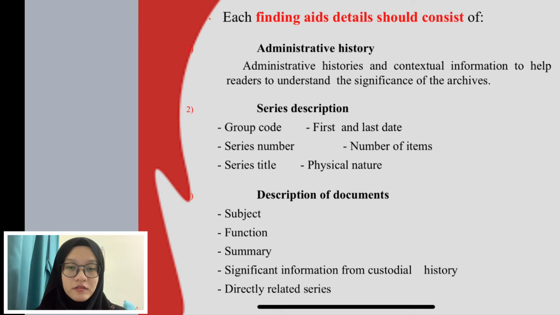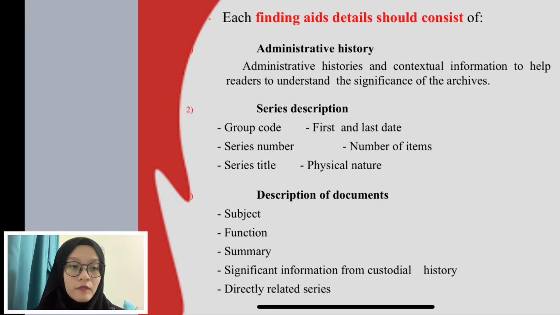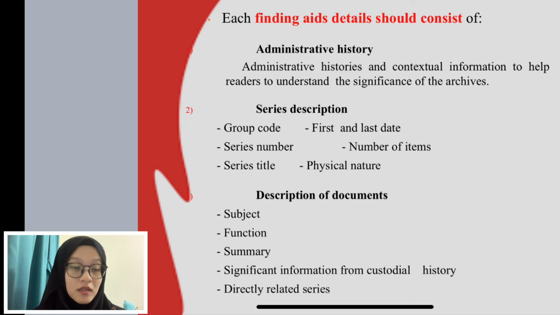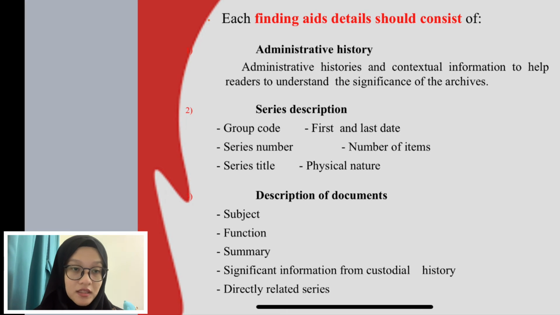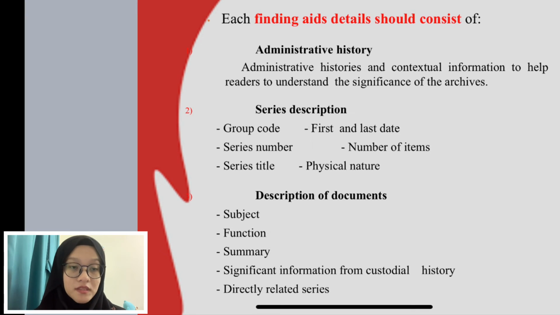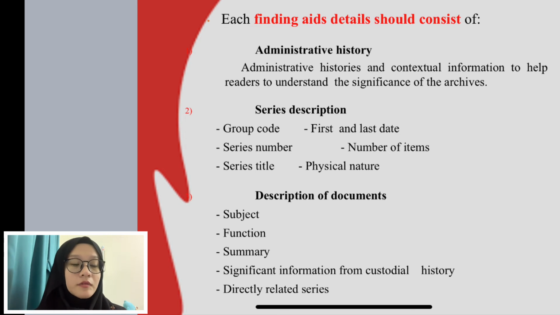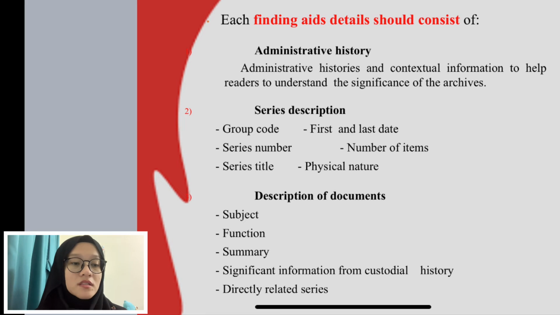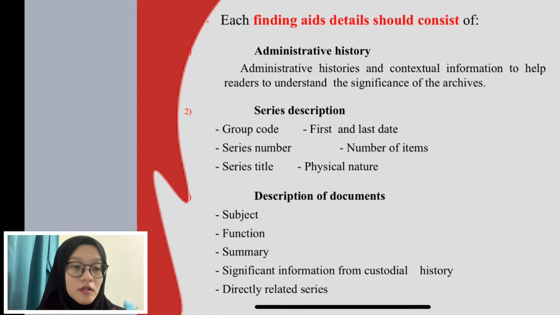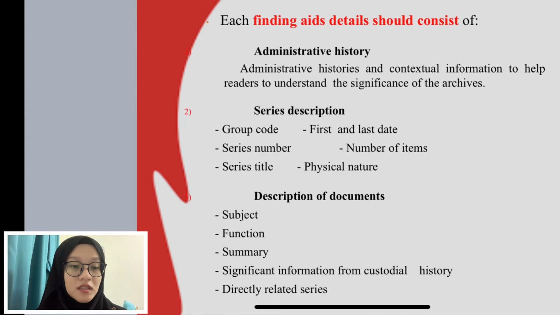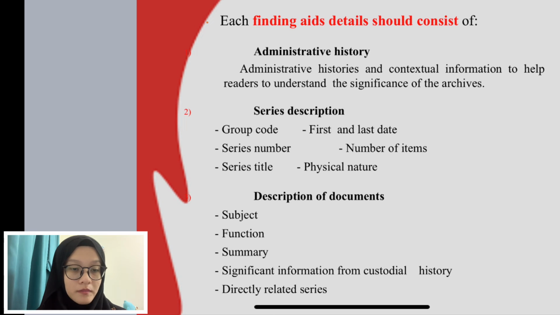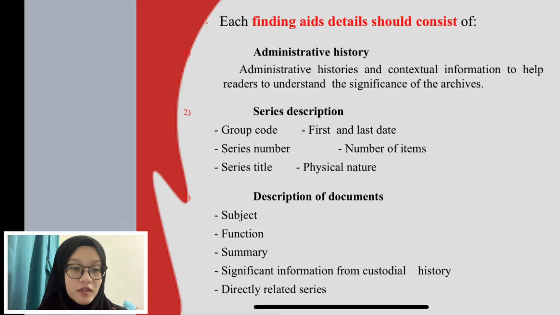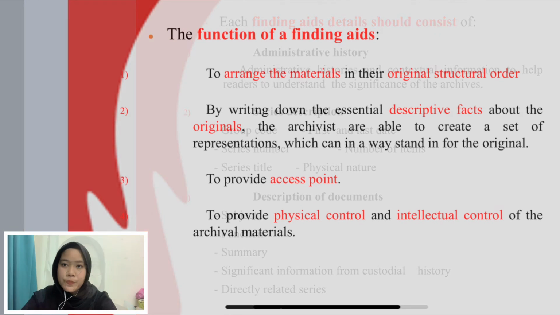A series description contains group code, series number, series title, first and last date, number of items, and physical nature. The third one is the description of documents. It consists of subject, function, summary, significant information from custodial history, and directly related series.